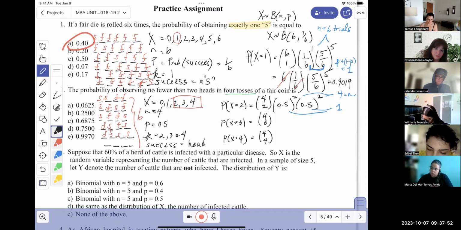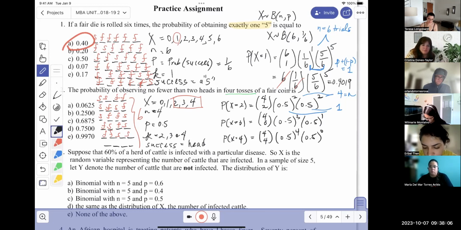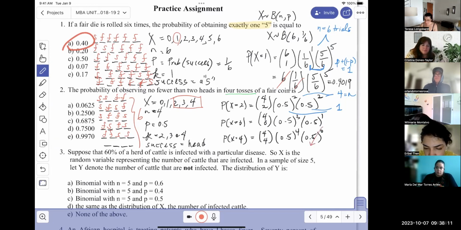And then we'll continue. And this one is 0.5 with 3 successes, but failures would be 1. And then this would be 4 successes, and failures would be 0. Okay, so let's simplify this before we go to our calculator. That one would just be 1, so we don't have to use it. And this would be 1, so we don't have to calculate anything there. And let's just calculate each of them and sum them up.